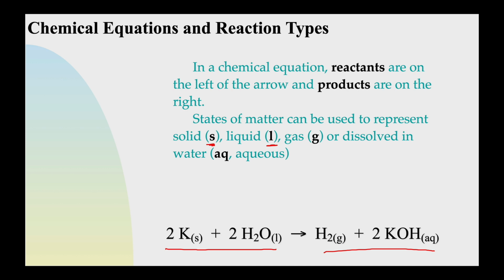Sometimes it's a cursive L, sometimes the L looks like a 1, but the hip chemist will know that it's supposed to be an L. By the H2, there's a G, which is gas. And we'll also see a lot of AQ, which means aqueous, meaning that thing is dissolved in water. In that case, KOH is potassium hydroxide, so you would have an aqueous solution of potassium hydroxide: potassium hydroxide dissolved in water.